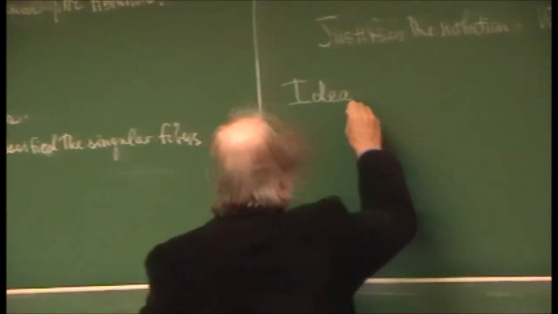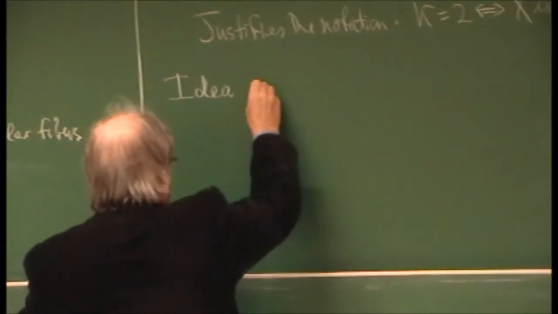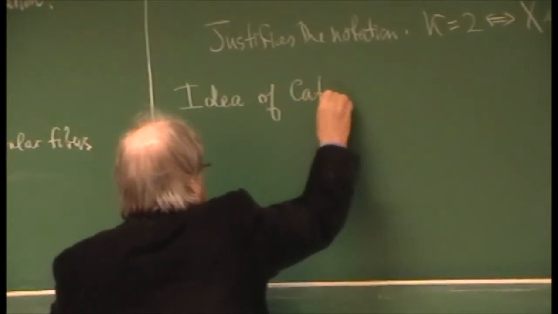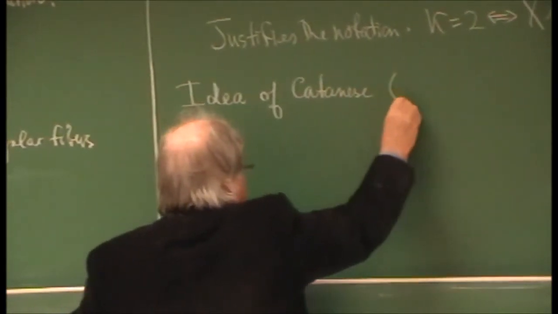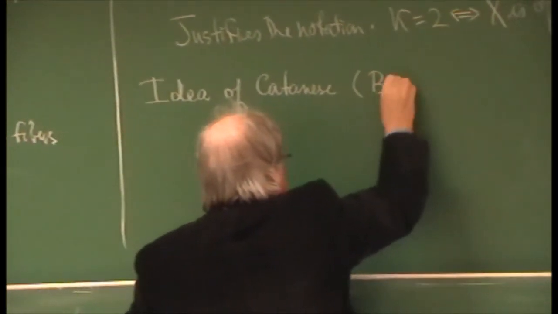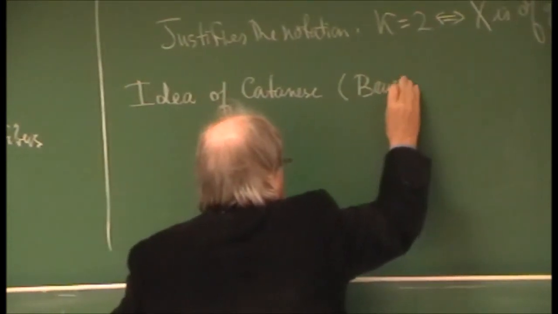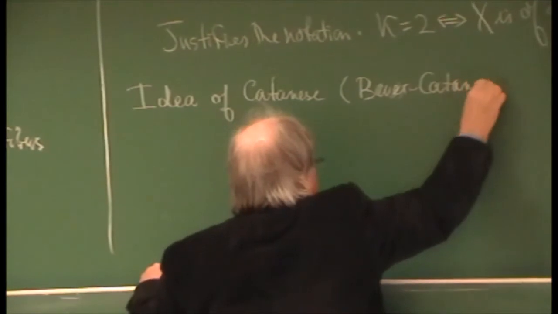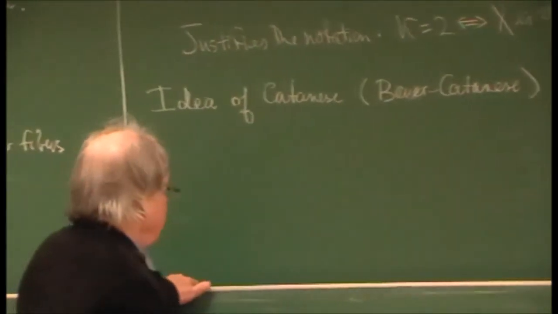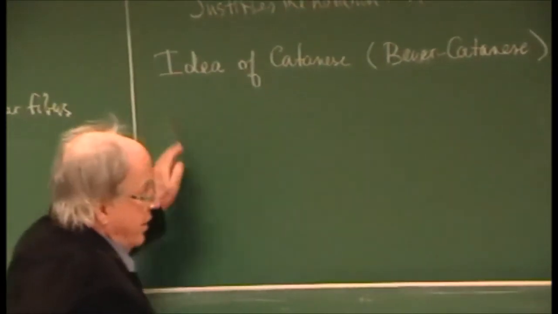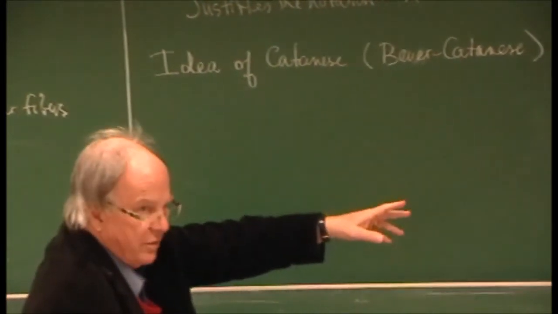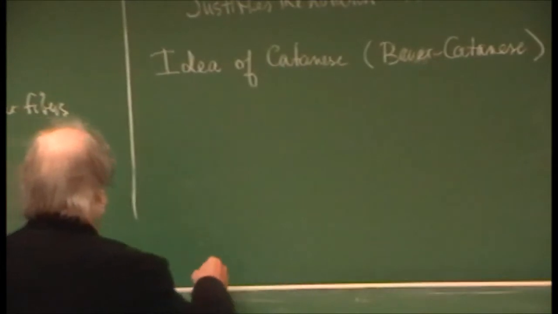And it requires some interesting modern research. So this goes back to the idea of Catanese. And right now there's joint work of Ingrid Bauer and Catanese on this idea of how to create things of general type, not just the surface of a high degree and something interesting. The idea is very remarkably simple.